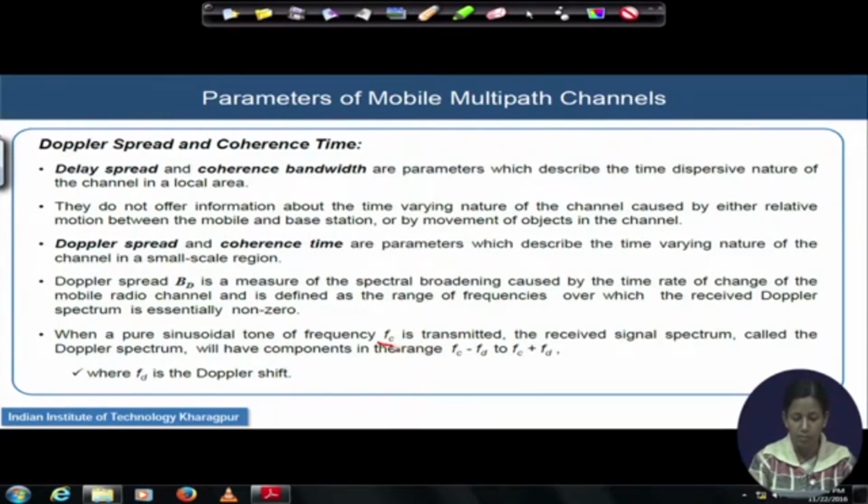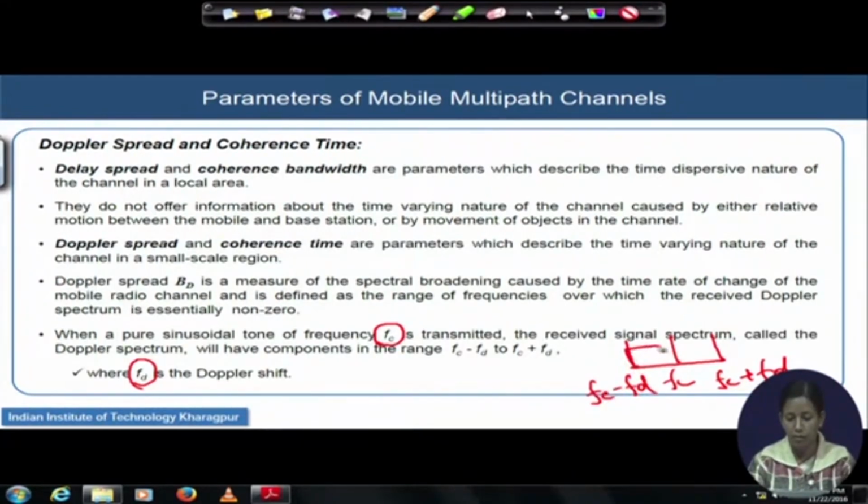Take an example. Suppose I have transmitted a pure single tone of frequency FC. Because of the presence of the Doppler shift, which is called FD, after passing through the channel it will have the component of FC plus FD, and it will also have the component of FC minus FD.